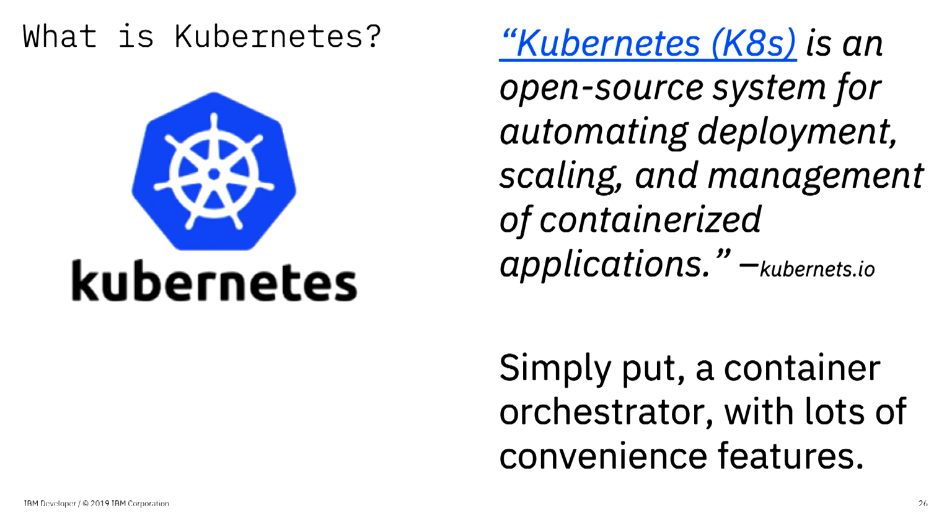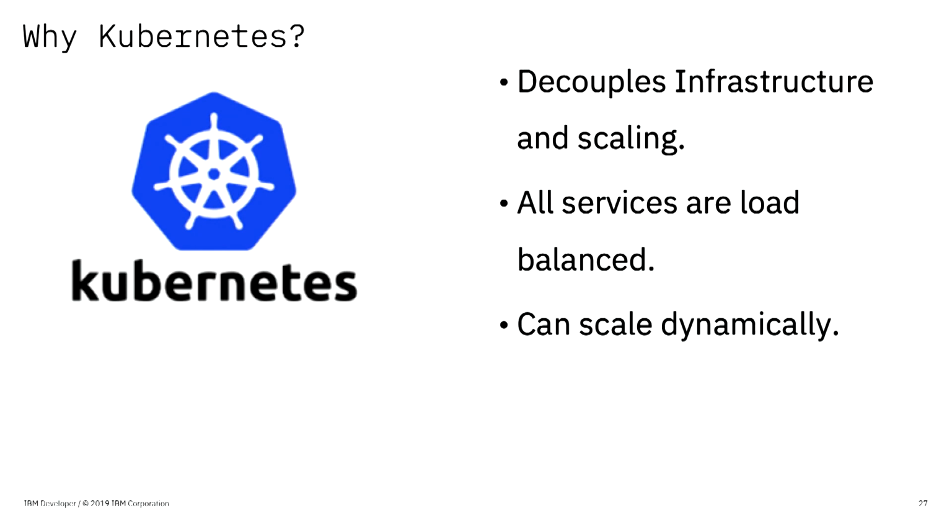Kubernetes is an open source system for container orchestration. It offers scaling, automatic deployment, and management of containerized applications, and it provides a lot of convenience features on top of that. Not going into all the details of it.